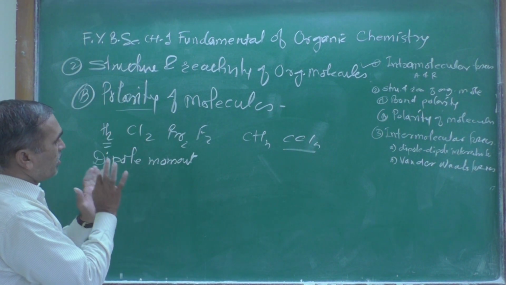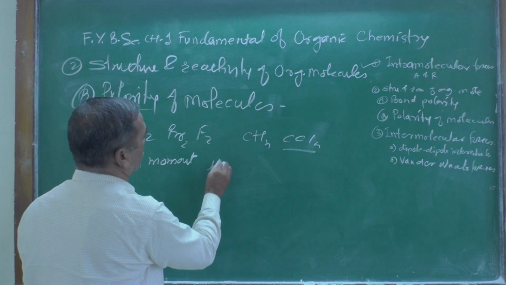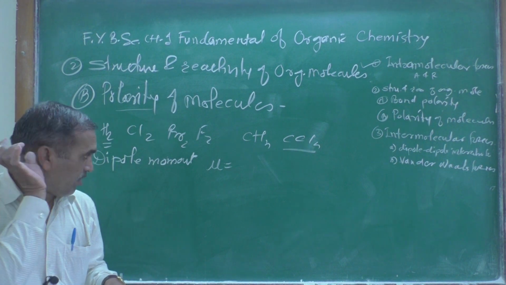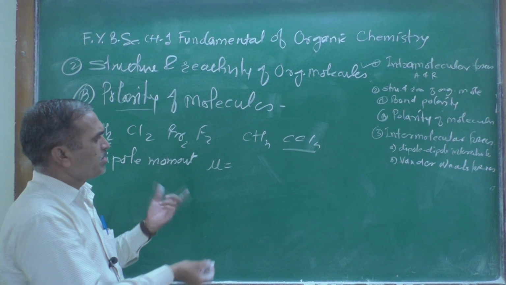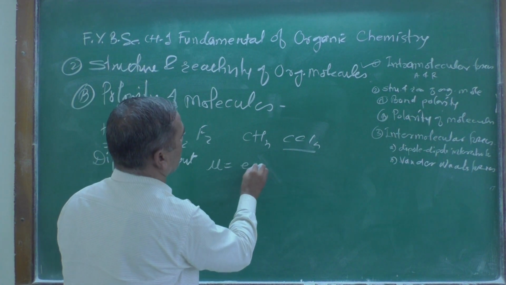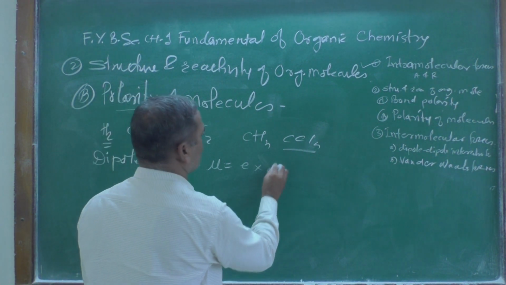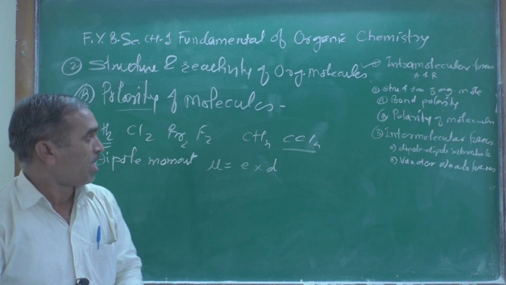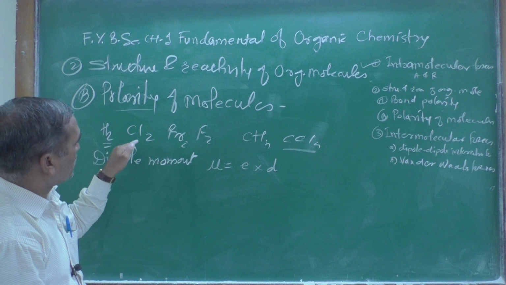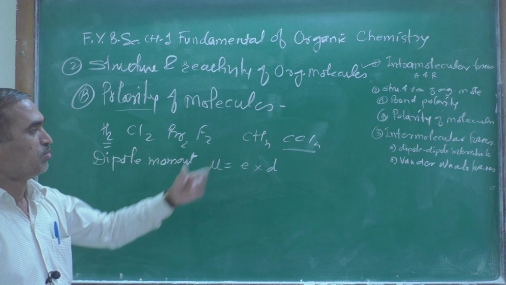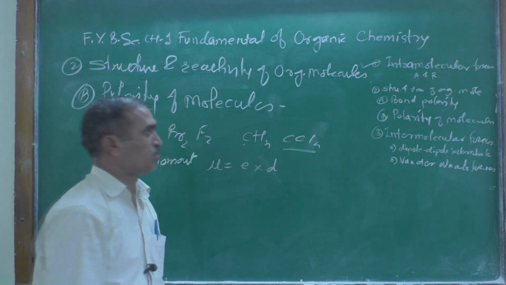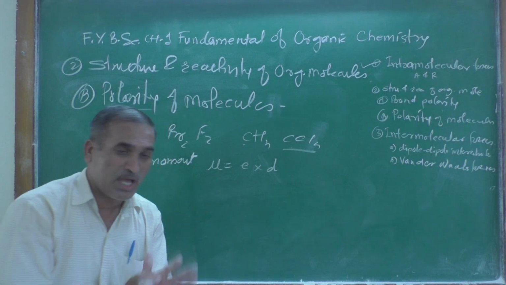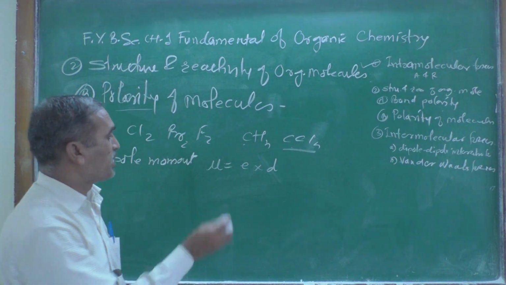Dipole moment is denoted by mu, and it is the charge multiplied by distance. This is known as dipole moment, and molecules like H2, Cl2, Br2 or F2, similarly the methane molecule and CCl4, all are showing a dipole moment.